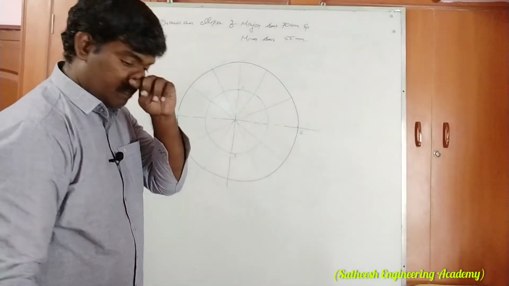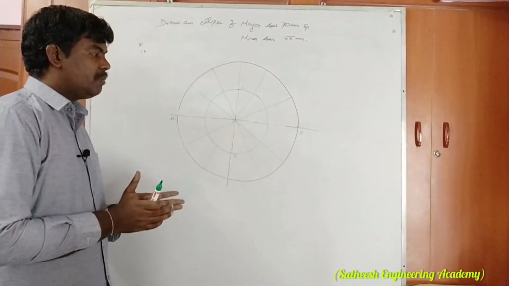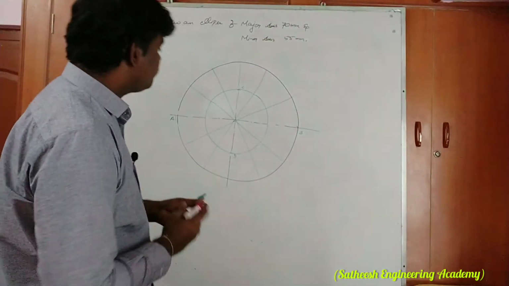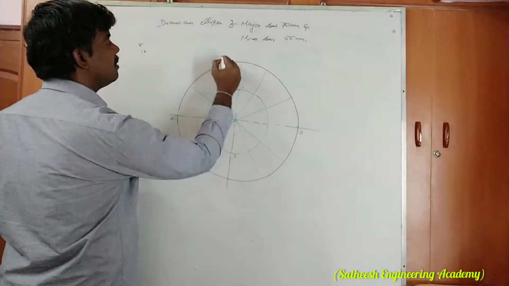So by using the set square, you divide the circle into 12 equal parts quickly. Next, let us consider this is the major axis circle.